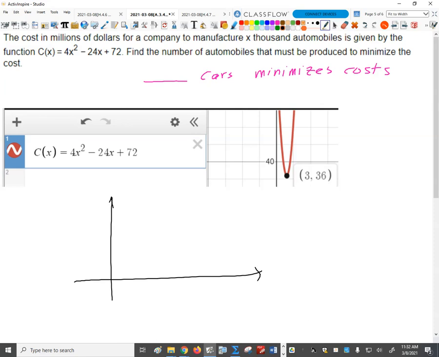Type it in chat. Here's my function right here. What's my input variable? Is it x or C? It's x, isn't it? Good.